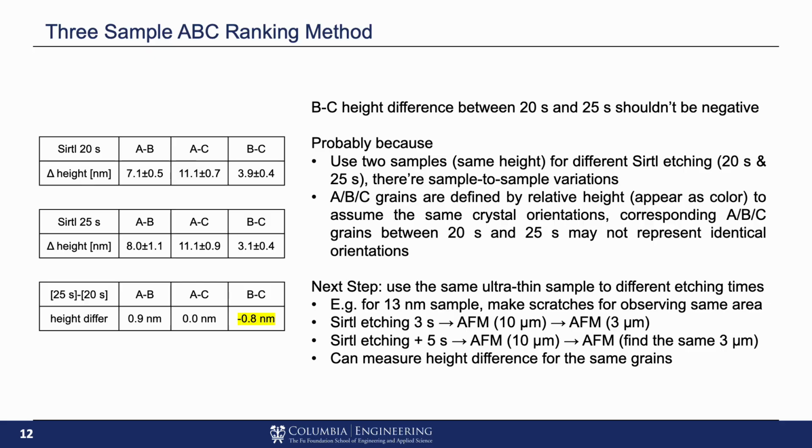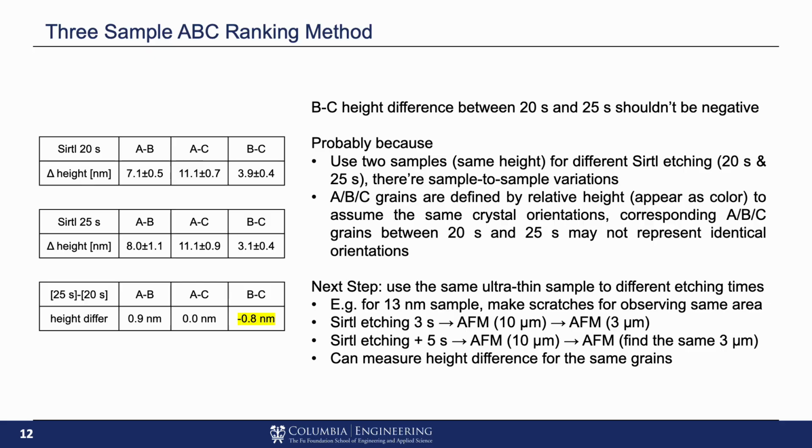Second, and more fundamentally, the ABC categories are defined purely by relative height. There is no guarantee that an A grain in one sample corresponds to the same crystallography orientation as an A grain in another sample. As a result, cross-sample comparisons based on ABC ranking do not reliably reflect orientation-dependent etching rates.